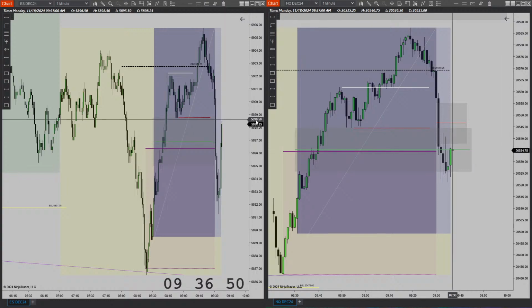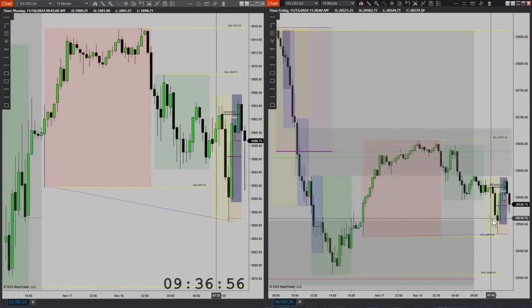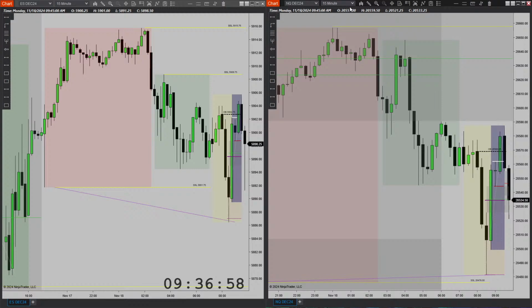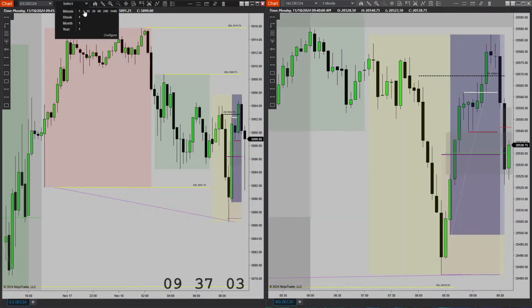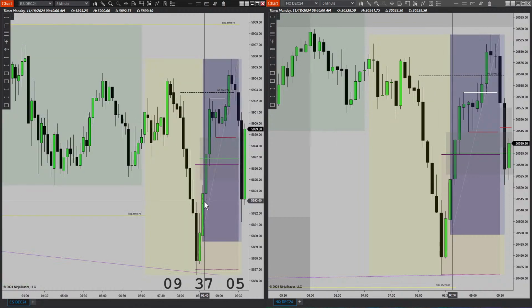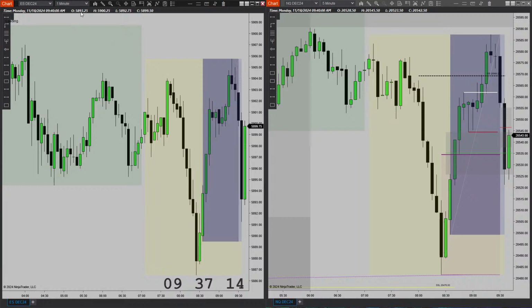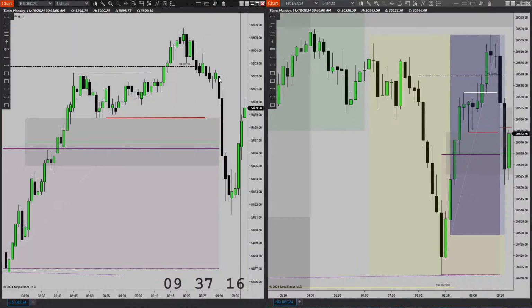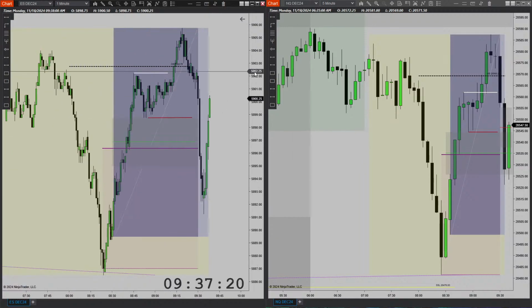Darn, I missed it. There's no SMT, but there is, I guess if you want to call it, I don't like taking 5 minute SMTs, because there is SMT down here between this low and this low, and this low and this low here. Right there, as you can see. Oh man, I missed it.